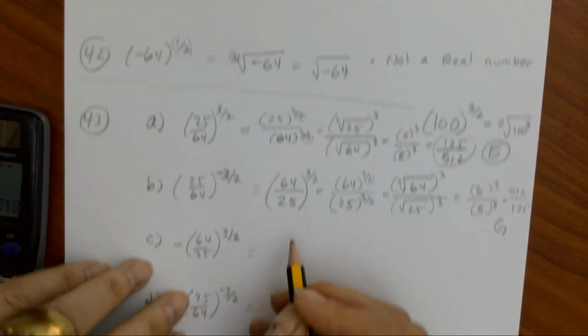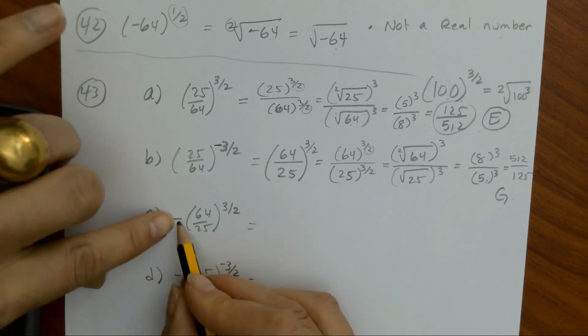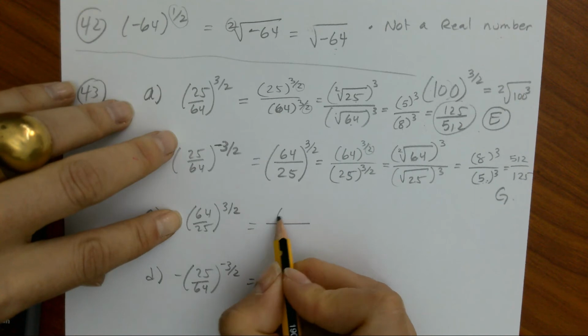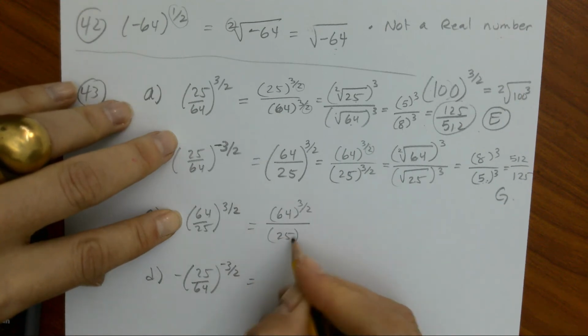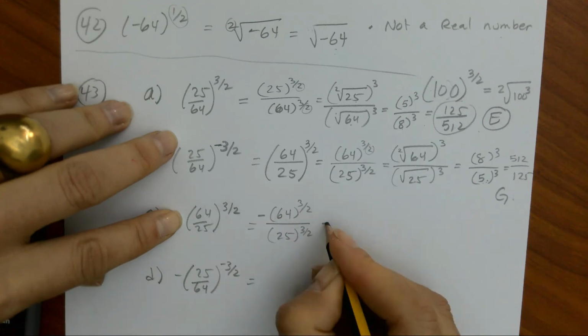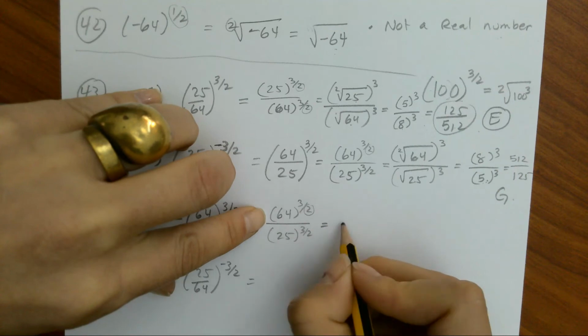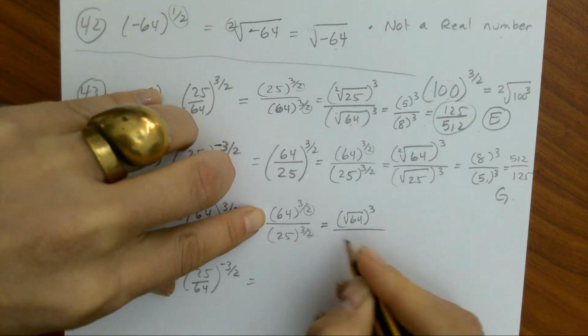Okay, let's do the next one. So I'm just going to ignore this negative and put it in at the end. And I'll try and remember. So 64, put a negative in. Then this means square root, and this means power.